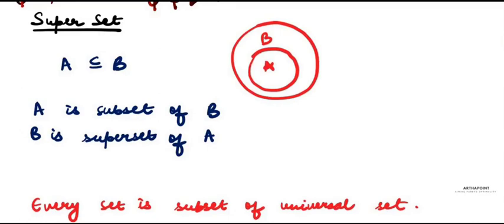But we can also say that B is a superset of A, just the opposite of subset. So we can say that A is a subset of B and B is a superset of A. These are just different ways of saying exactly the same thing.